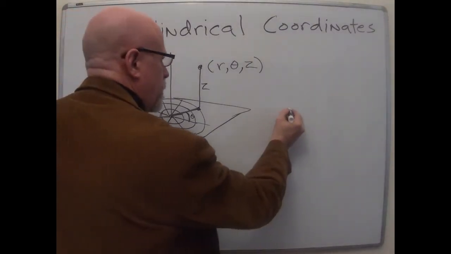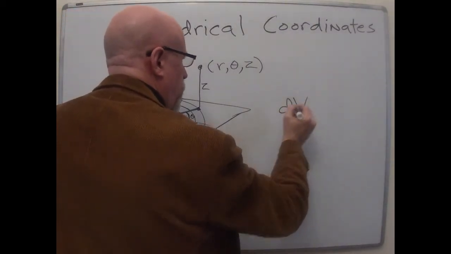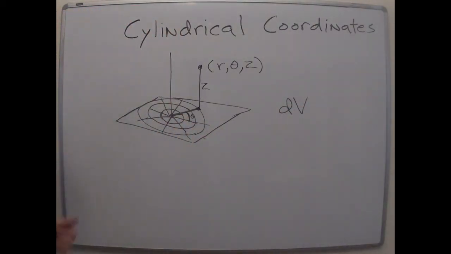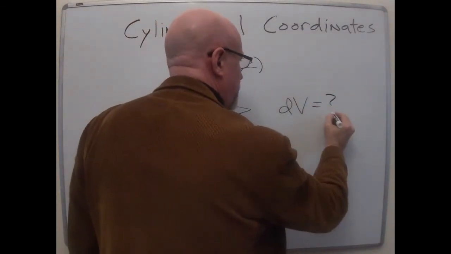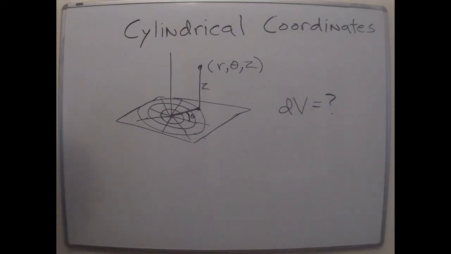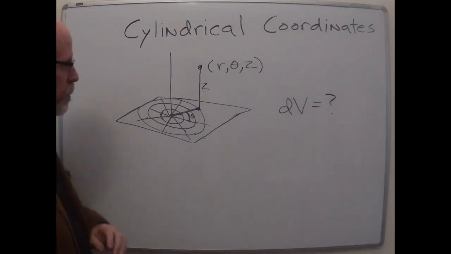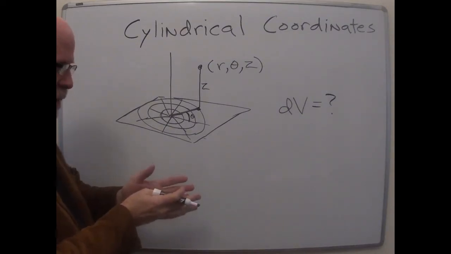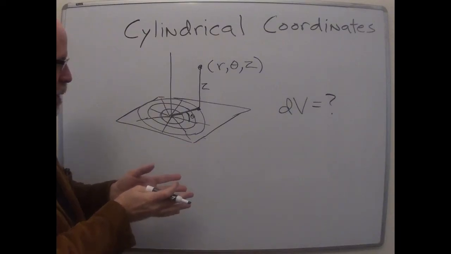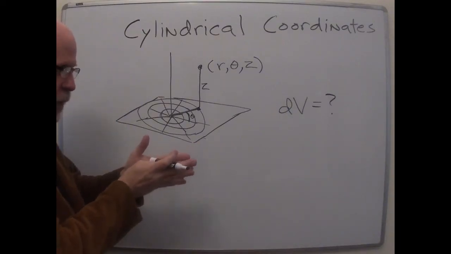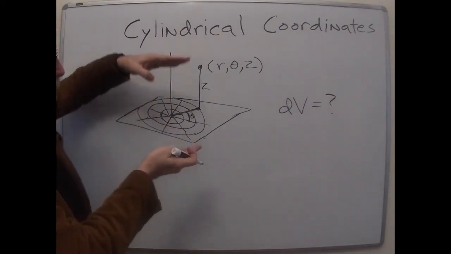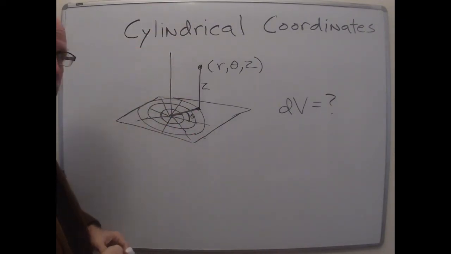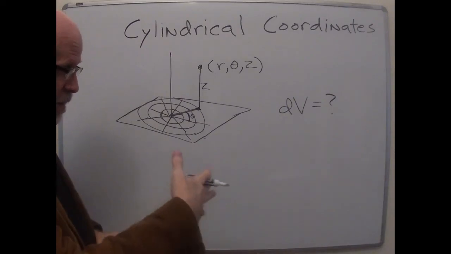The big question then, not a huge question, but a question, is what's dV? What is dV in this kind of system? So we should think about a little chunk of volume in space that's got a tiny amount of angle and a tiny amount of radius and a tiny amount of z, of height, difference between its surfaces.